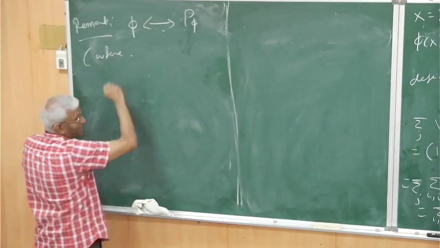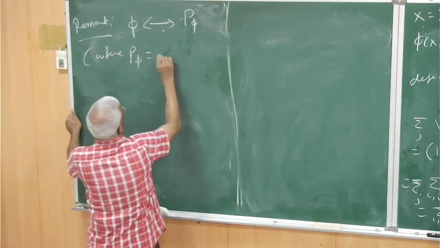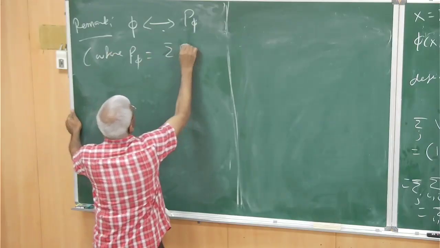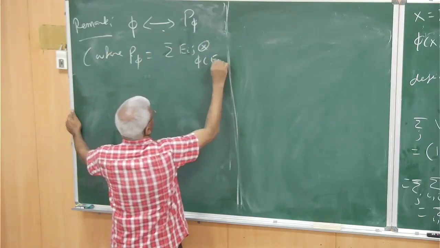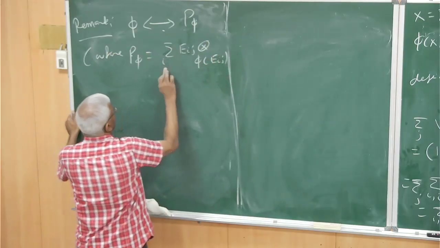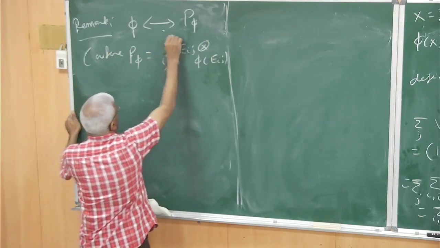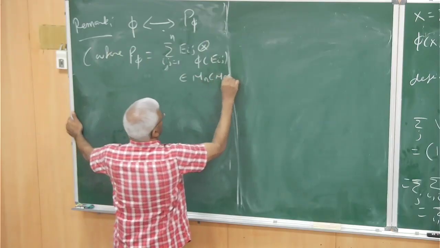I'm sorry, I'm changing notation. This P phi is nothing but the summation of Eij tensor phi of Eij, which is in Mn of Mn(C) plus.